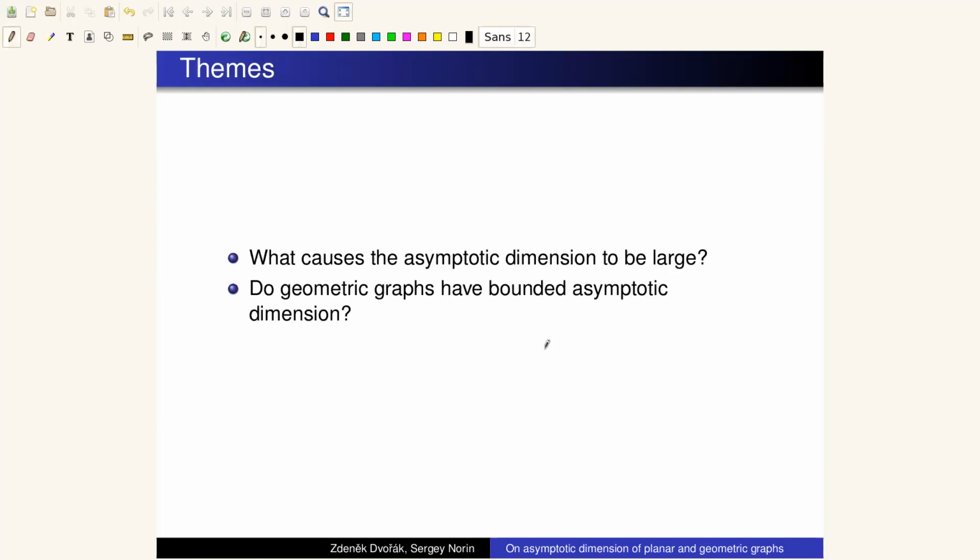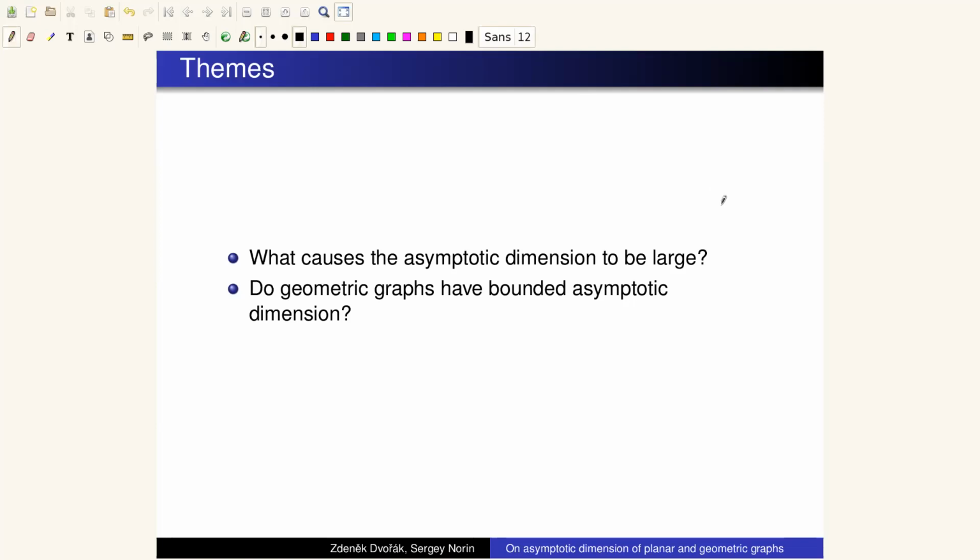You could view these results as trying to approach two natural questions. One of them is, what is it about a graph class that causes its asymptotic dimension to be large?